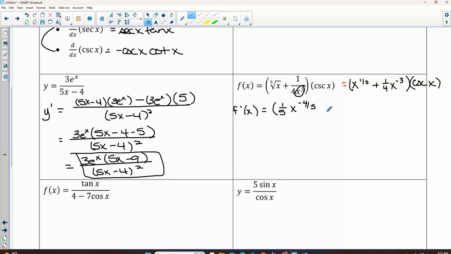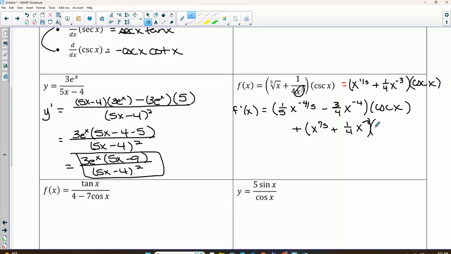Next term, if I bring down my negative 3, so 1/4 times negative 3, minus 3/4. X, if you subtract 1 from the power, negative 3 minus 1 is negative 4. So derivative of the first times the second plus the first derivative of the second.